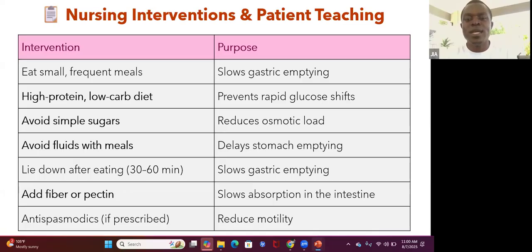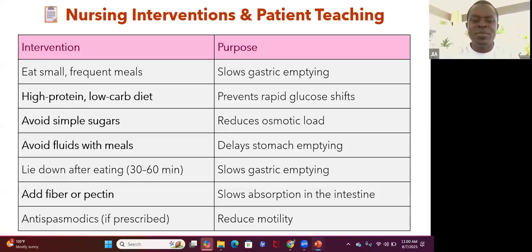So that helps to slow gastric emptying, because you don't want food to move into the intestine straight away, faster. And with the food, when you ask about diet issues too, high protein foods and a low carbohydrate diet. Please, low caloric diet too, if you don't see carbohydrate and you see maybe calories.